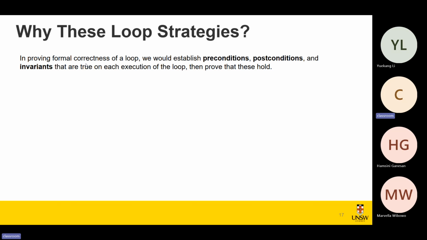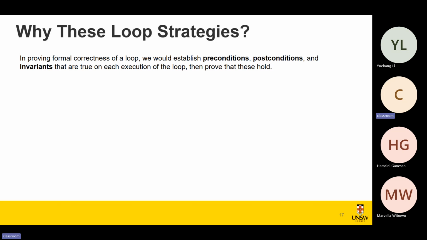prove the formal correctness of a loop, what people would like to do is they would like to establish preconditions, postconditions, and invariants that are true for each execution of the loop, and then they prove that these conditions will hold with the particular implementation of that program. And if you wonder what a precondition is, it is the program state or the program context before the execution of the loop.